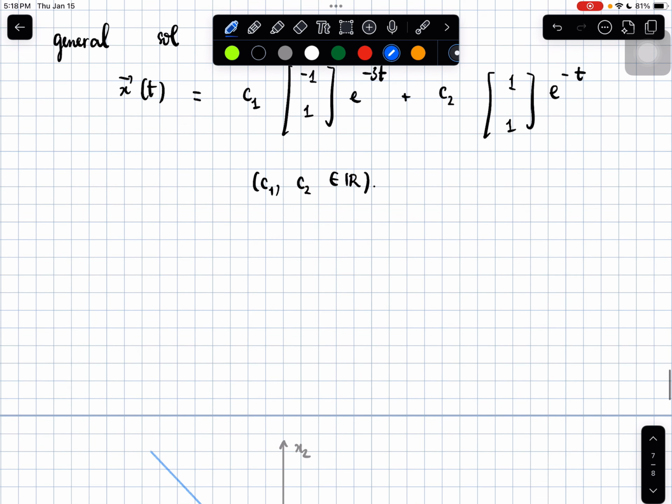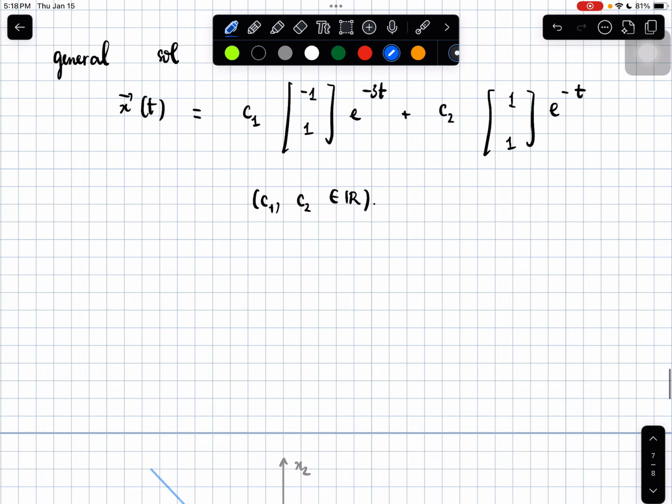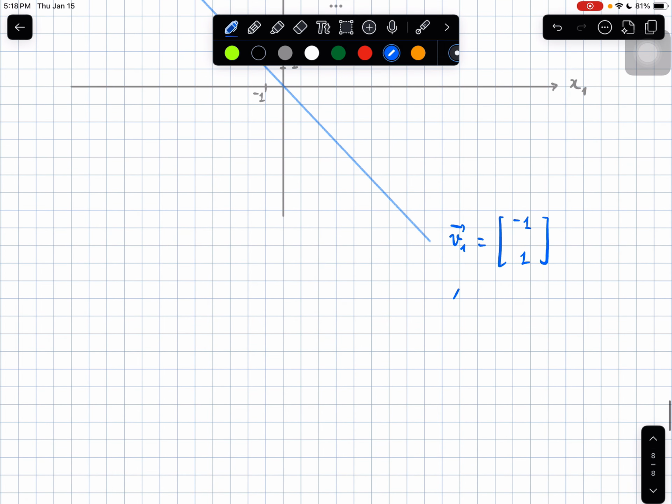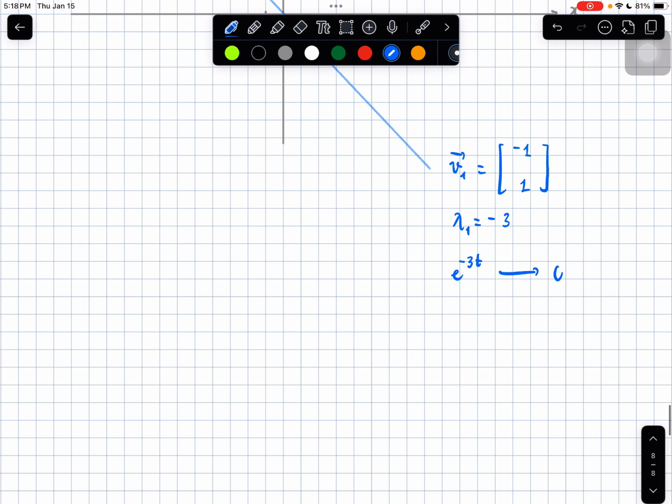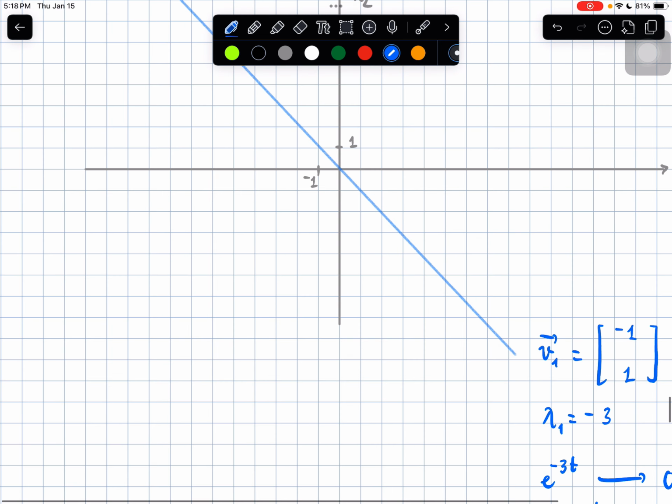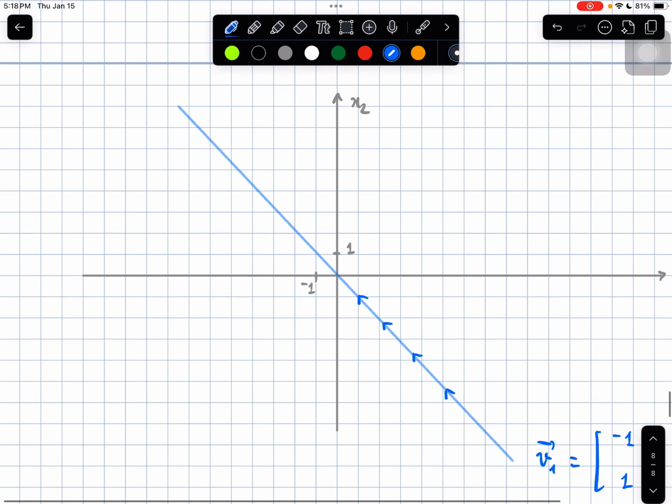It corresponds to lambda 1 equals minus 3. e^(minus 3t) tends to 0 as t tends to infinity, so it would go inward.